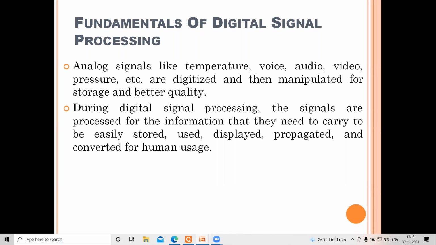So during digital signal processing, the signals are processed for the information they need to carry, so that they can be easily stored, used, displayed, propagated, and converted into human usage. Therefore, this is what happens. One is for storage. The second one is display, propagation, and transmission.